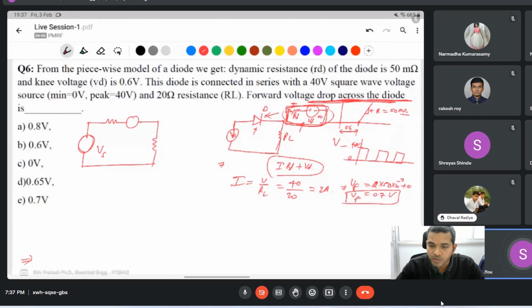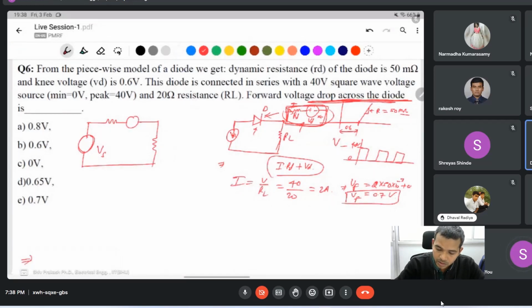When the diode is on, what is the forward voltage? If a duty ratio is given, then you find the average forward voltage, but here it is simply asking about the forward voltage. When you apply 40 volt, what is the forward voltage drop?